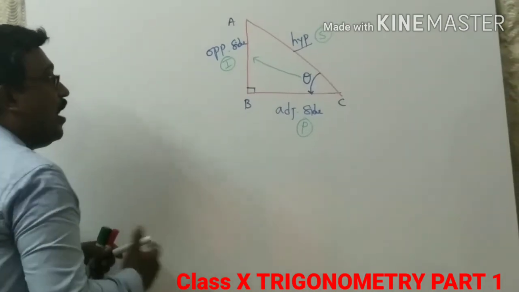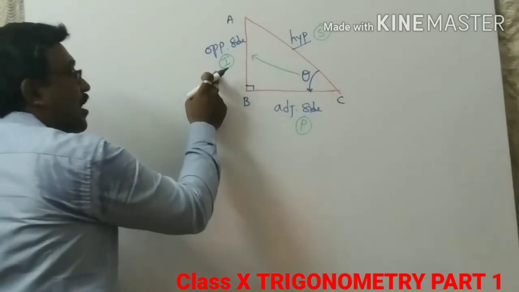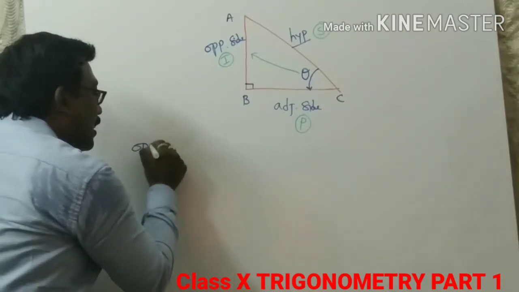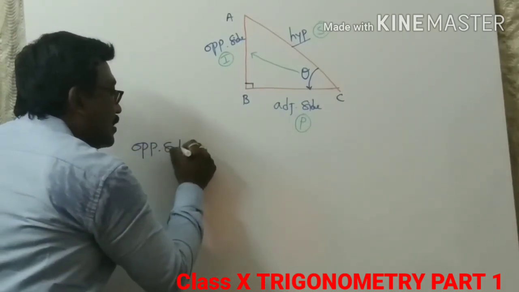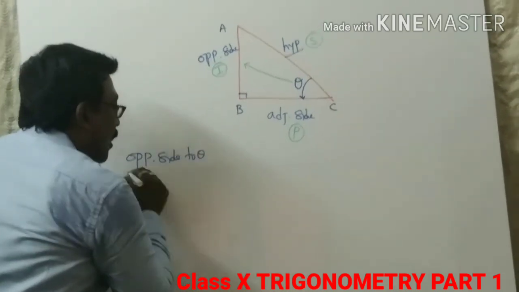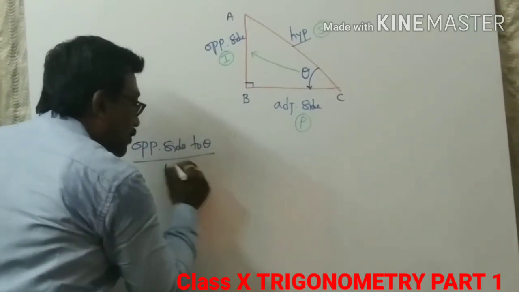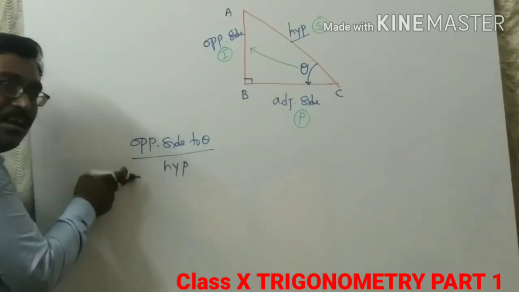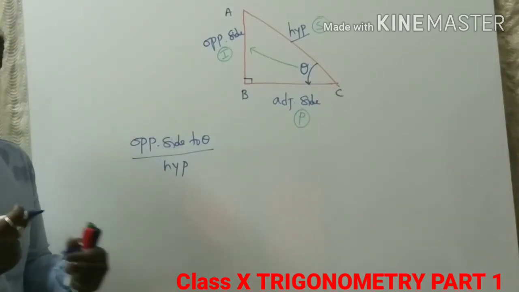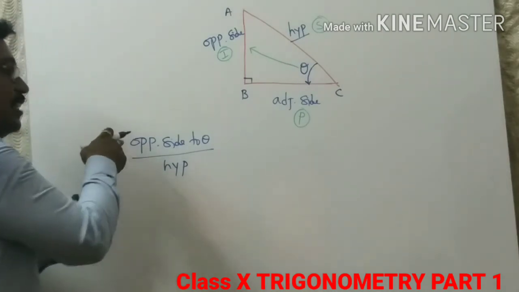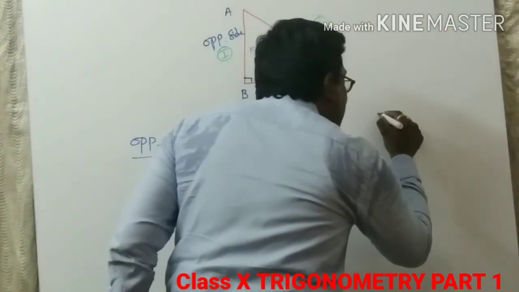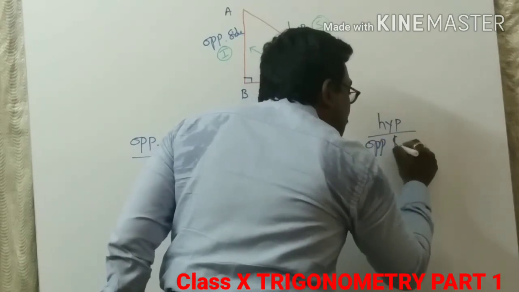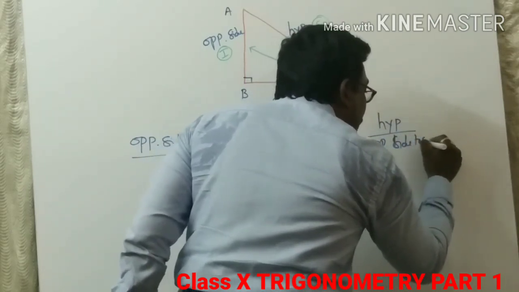The same way, if India and Sri Lanka, then what is that? Opposite side to theta by hypotenuse. India batting, Sri Lanka bowling. Or else it's the reverse, just reciprocal. That is hypotenuse by opposite side to theta.